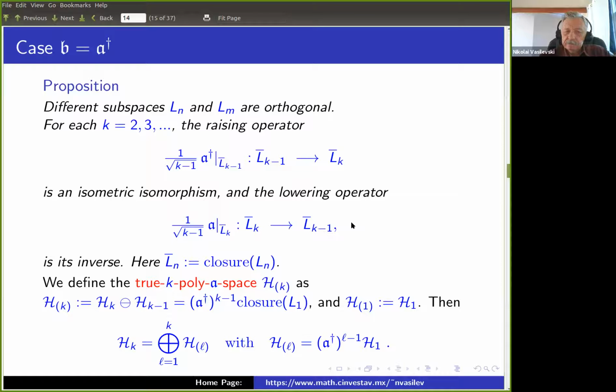And the weighted lowering operator A is an isometric isomorphism between the closure of Lk and the closure of Lk minus 1.